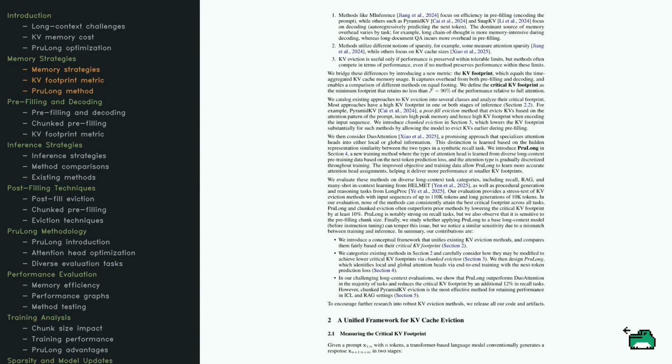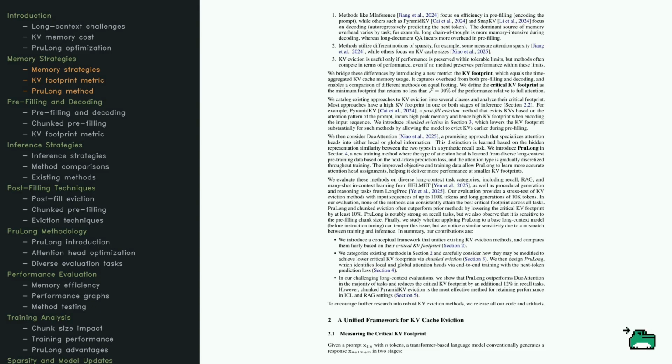The authors introduce the KV footprint, a new metric to track memory usage over time. Think of it like keeping tabs on how much space your apps take on your phone throughout the day. The goal? Keep this footprint small while still getting the job done. They aim for a critical footprint, the smallest amount of memory used that keeps performance up to 90% of full capacity.